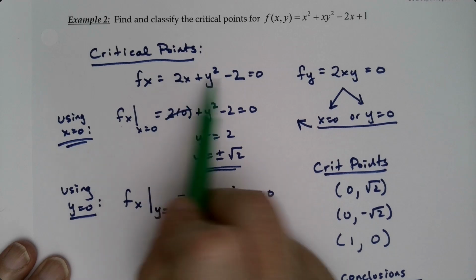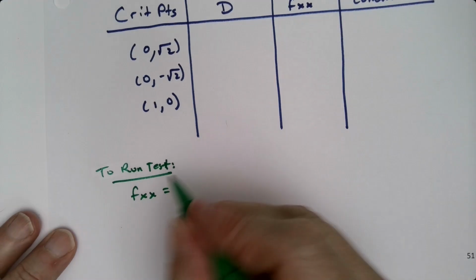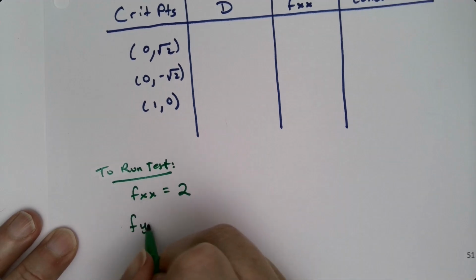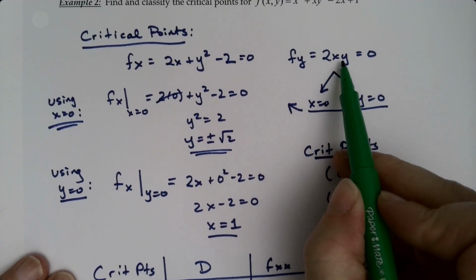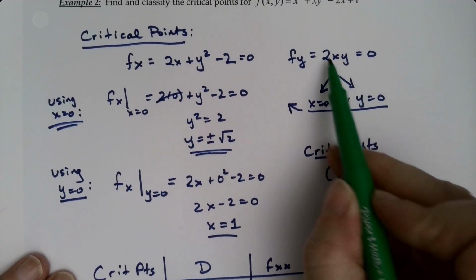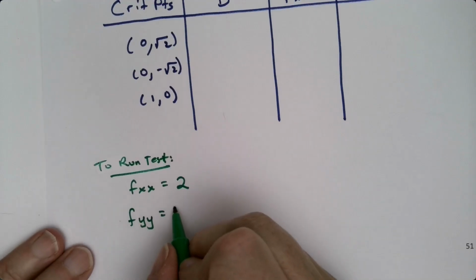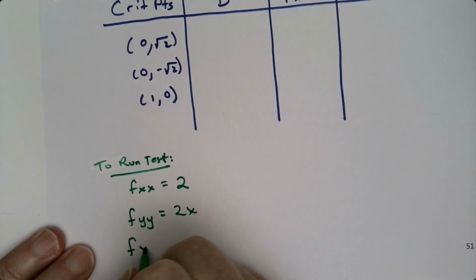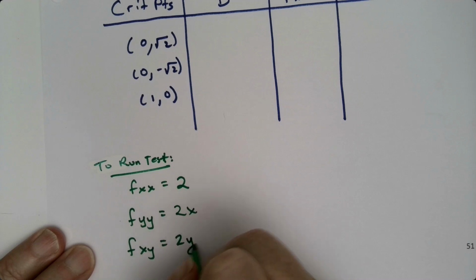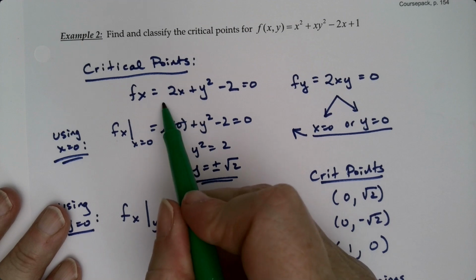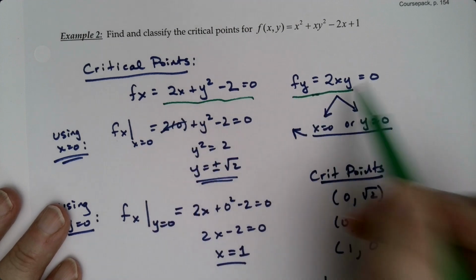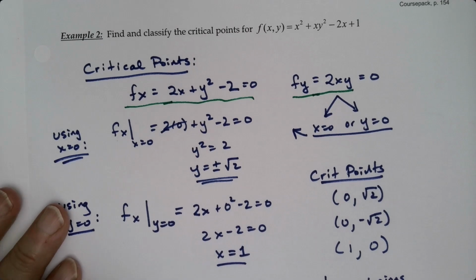Right? Just 2, because the rest of these would be constant. So that's 2. f yy would be 2x. Right? The derivative of this with respect to y is 2x. f xy would be 2y. Right? The derivative of this with respect to y is 2y. Right? So we're going back to these two right here. Not the equal 0 part, but the rest of it.